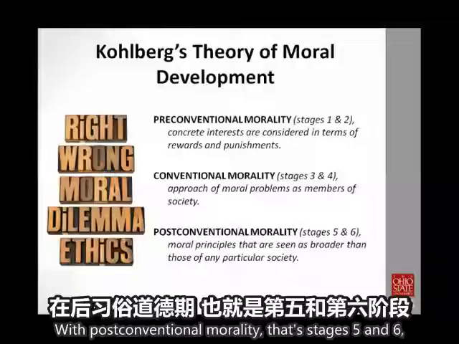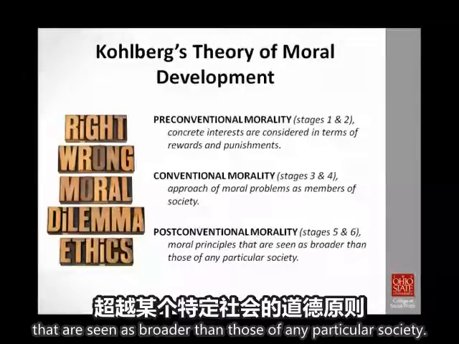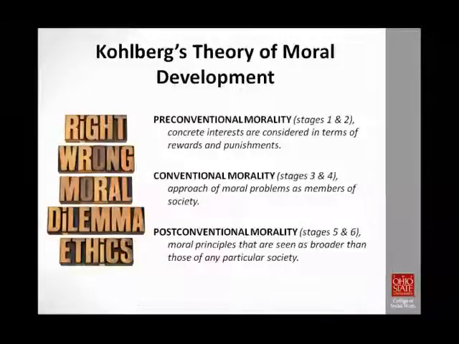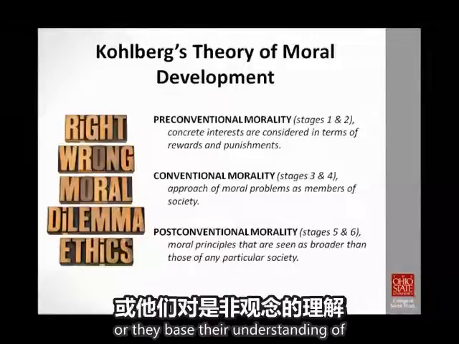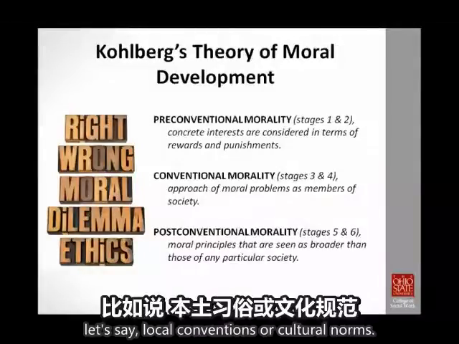With post-conventional morality, that's stages 5 and 6, this is when people use moral principles that are seen as broader than those of any particular society. What he means by this is that people start to base their understanding of what is right or wrong beyond what are, let's say, local conventions or cultural norms.